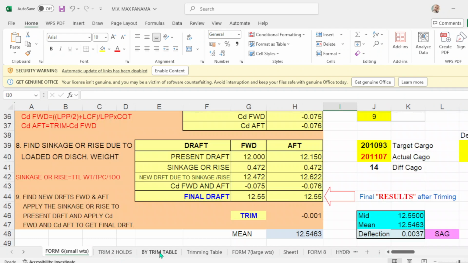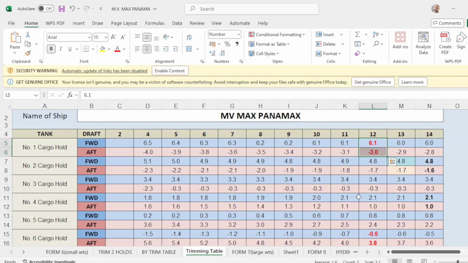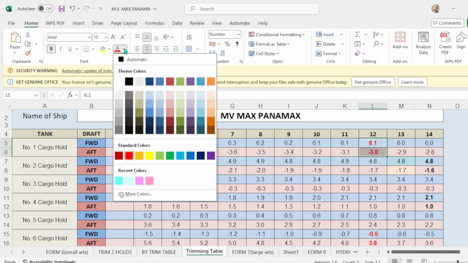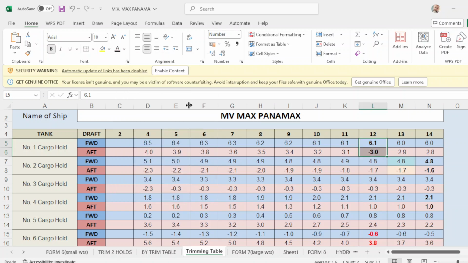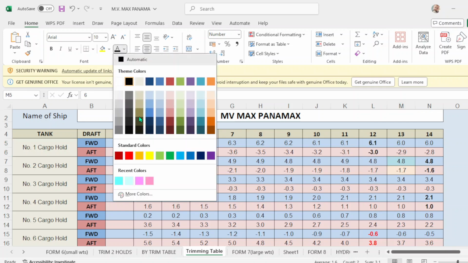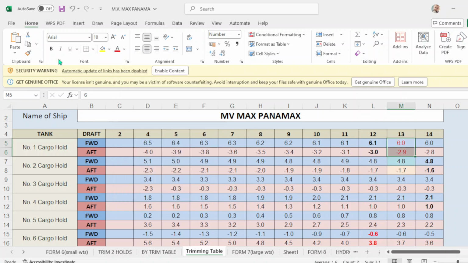So 12.55, so the closest one is the 13 meters, okay? So adjust. Put this to 12.55, that will be almost 13 meters. Highlight this in red and bold it.